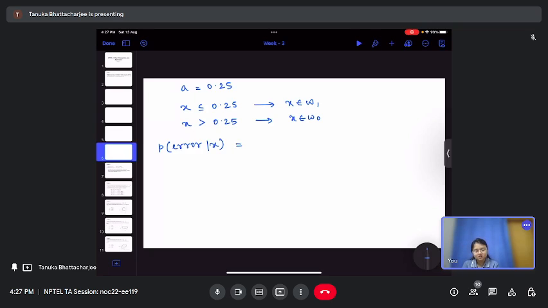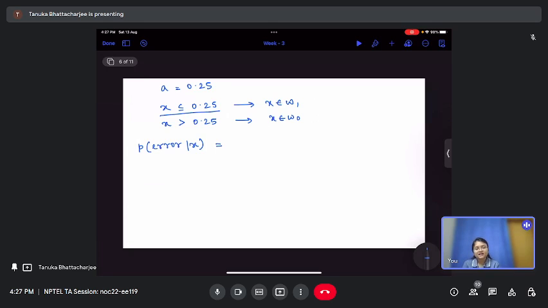Since in the region x less than or equal to 0.25 you are taking the action that x is an element of omega 1, the probability of error given x will be probability of omega 0 given x, and it will be probability of omega 1 given x when x is an element of omega 0, right.